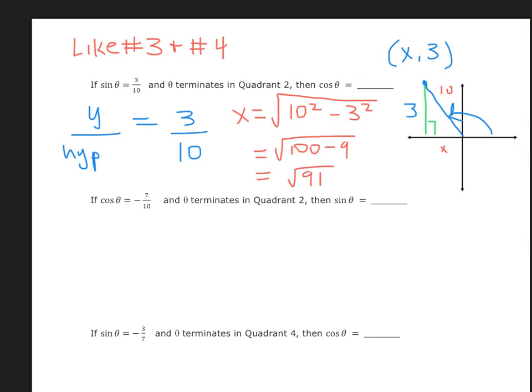Because we are in the second quadrant, we know that x is negative, so we actually have a negative x value. So our cosine value is going to be negative square root 91 over our hypotenuse of 10.